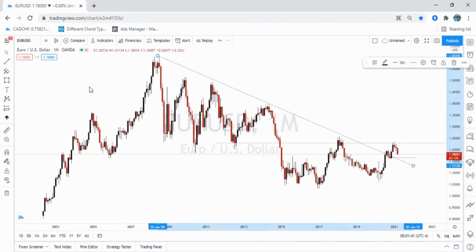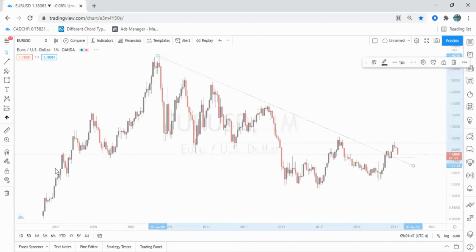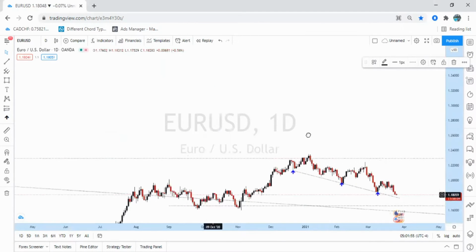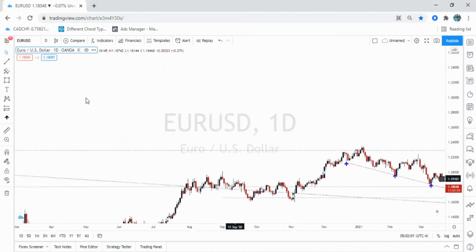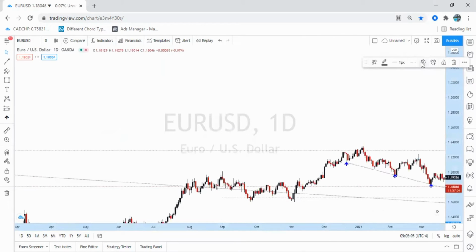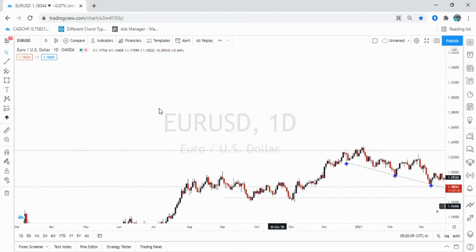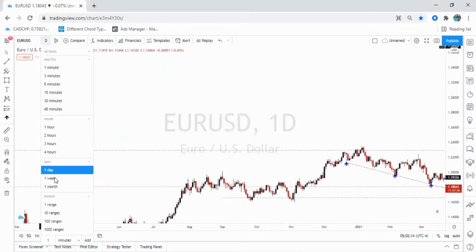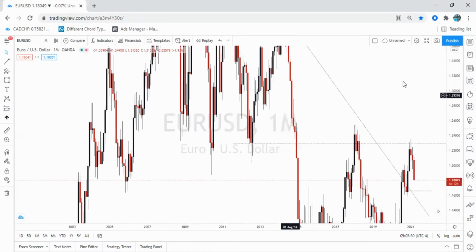If you go to the daily chart for the same trend line, if you go on lower time frames, look here, then it becomes messy and you wouldn't know what to do. So that's why I always recommend that you use a trend line for that specific time frame.